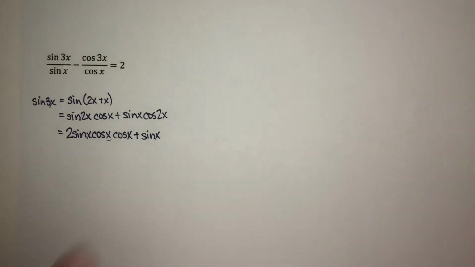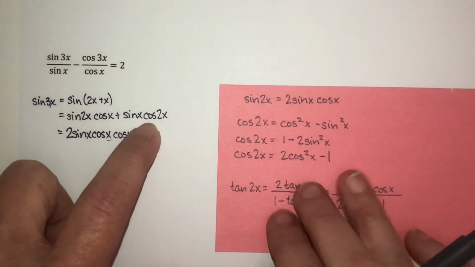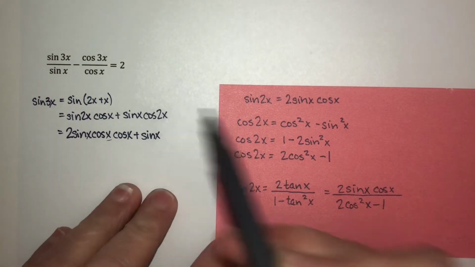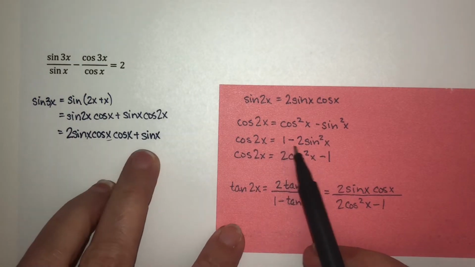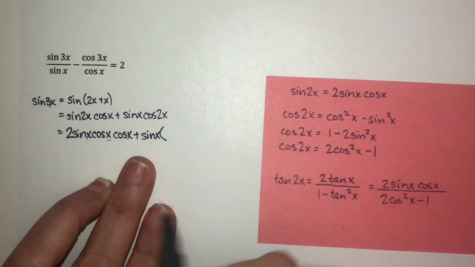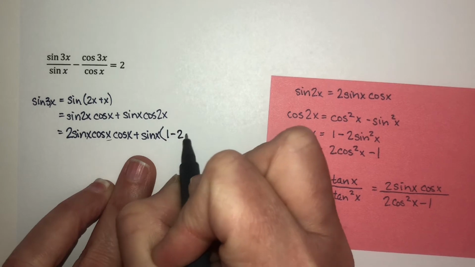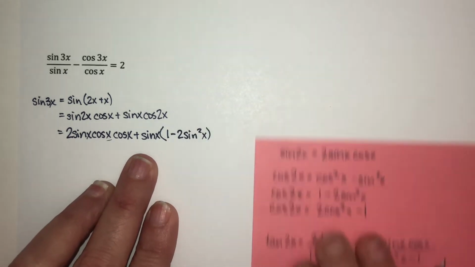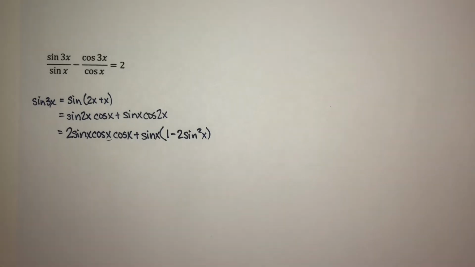So I'm thinking I want to use one that writes cosine squared in terms of only sine. So I'm going to choose this one: 1 minus 2 sine squared of x. And I can always come back and change that if I need to.